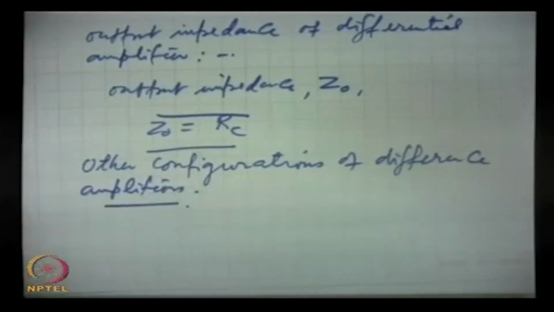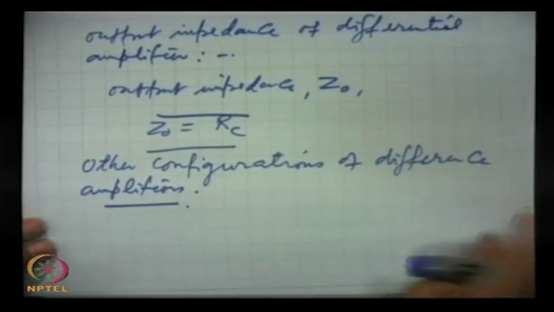The next one we take is this: dual input unbalanced output, that means single ended output. We take output from C2 with respect to ground. This is sometimes used; there are some special situations where this configuration proves useful.